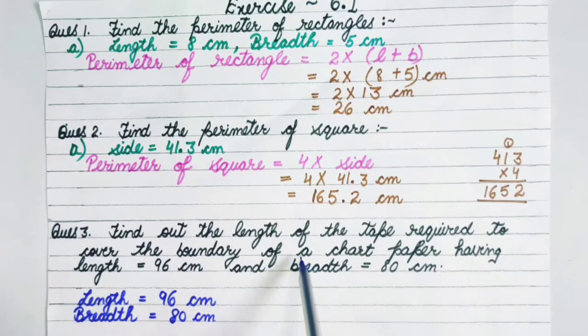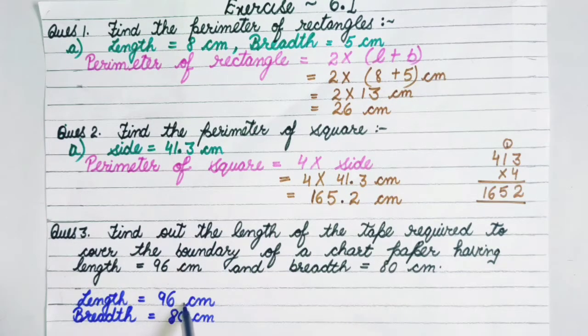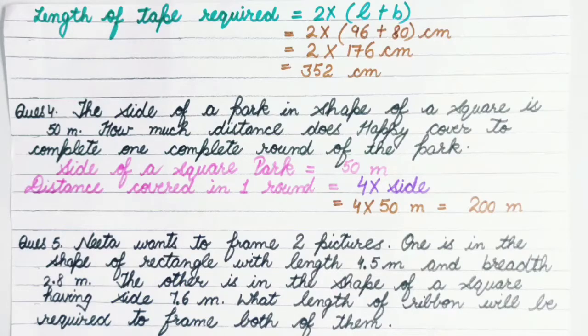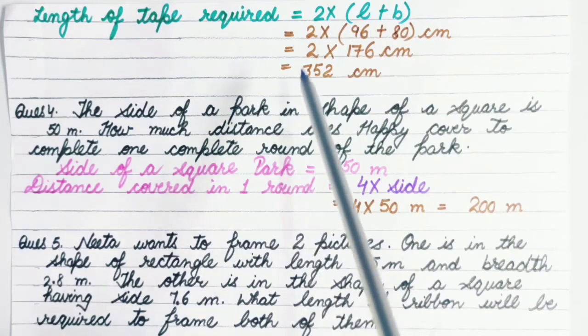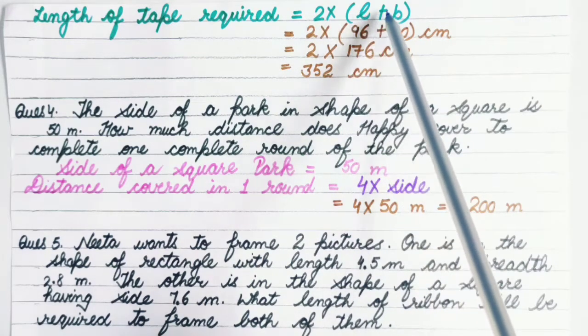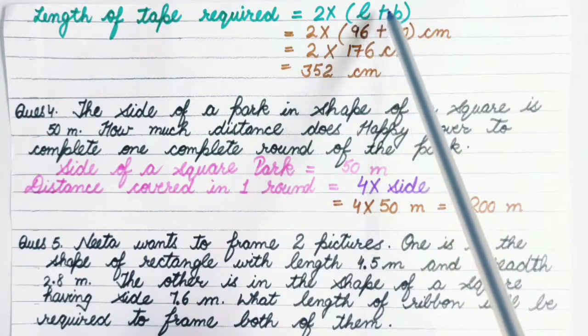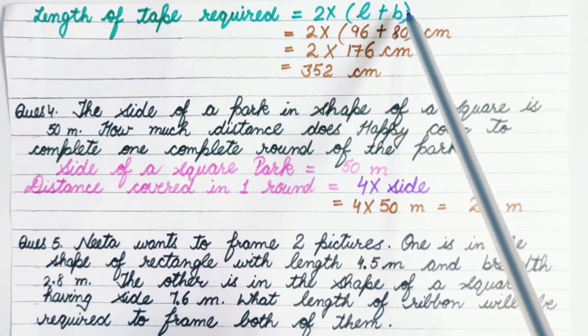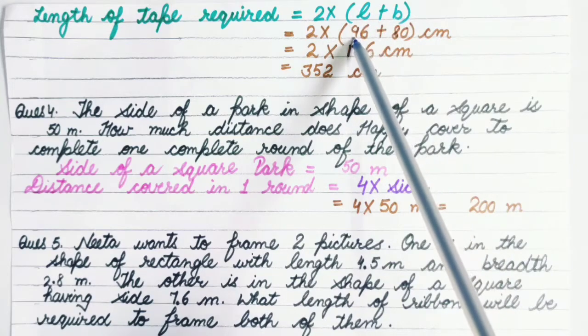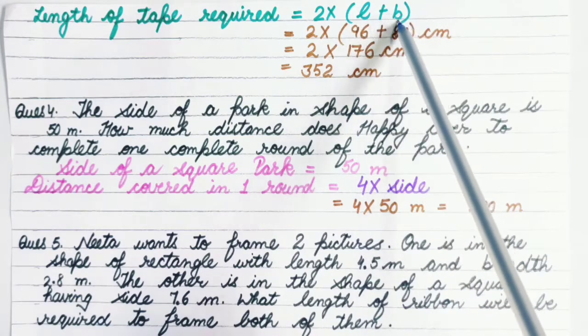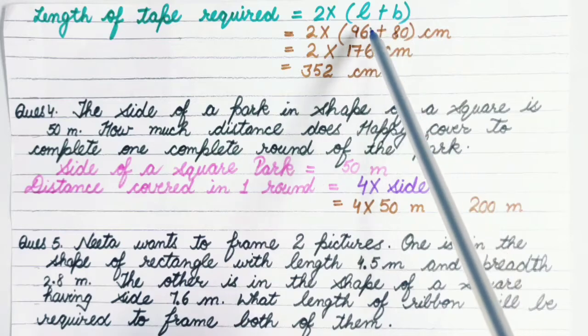Clear everyone? So in the solution you will write down length is equal to 96 centimeter and breadth is equal to 80 centimeter. Now the length of the tape required is equal to 2 multiply (length plus breadth). Now we put the values of length and breadth given in the question: length 96 centimeter, breadth 80 centimeter.